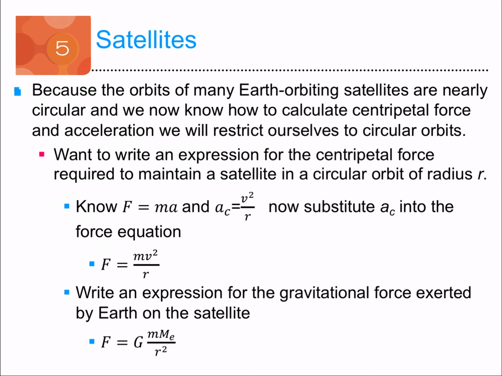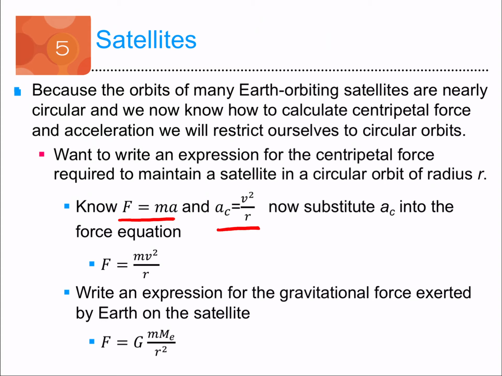Now, we want to be able to write some expressions, okay? We want to write an expression for the centripetal force that's required to maintain a satellite in a circular orbit of radius r. We know this formula, force is mass times acceleration.